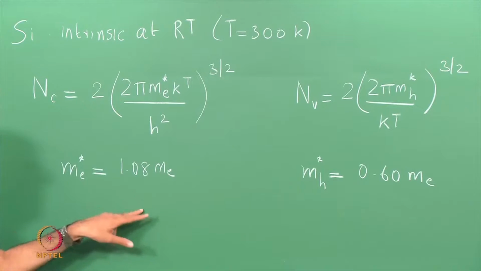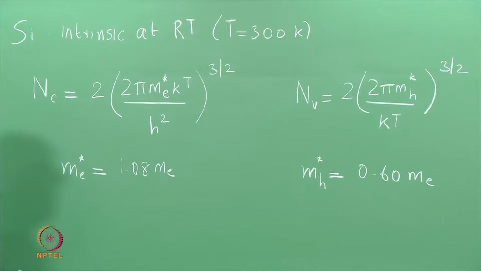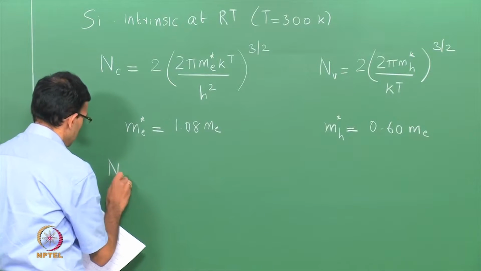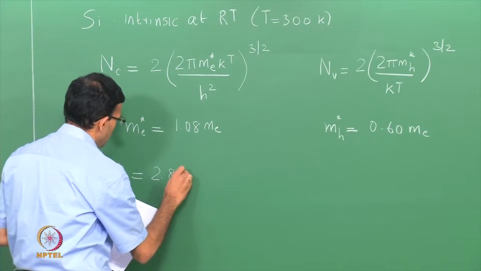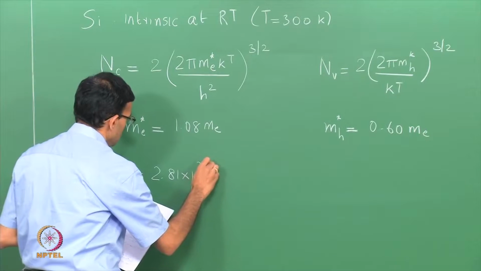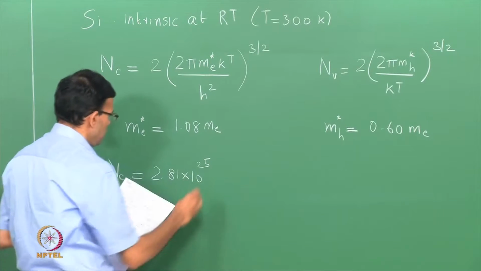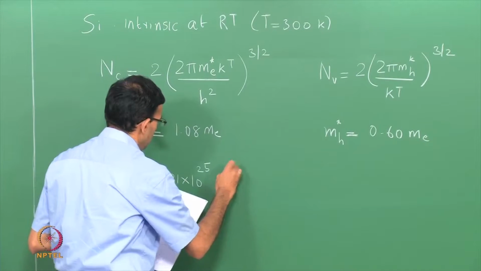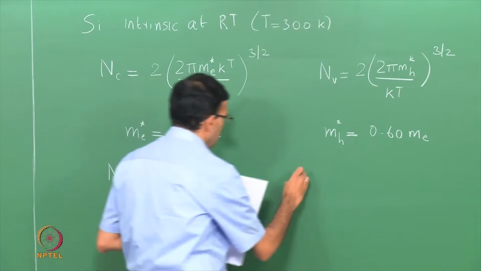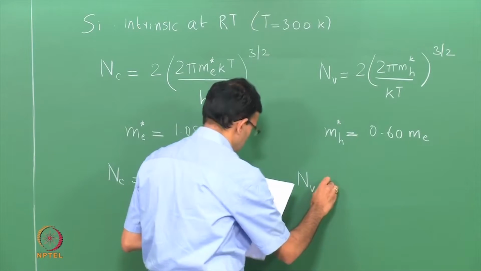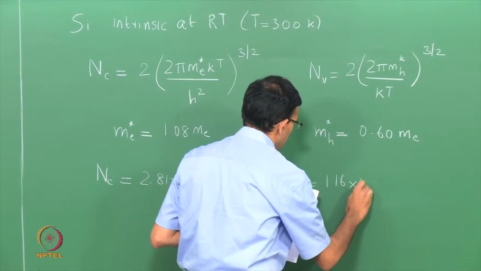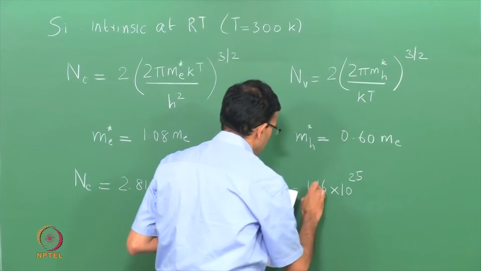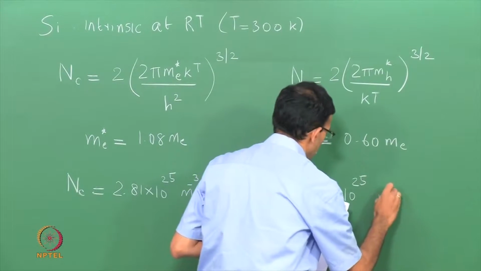If you substitute these numbers and also put in the values of the constants, Nc turns out to be 2.81 times 10 to the 25 per meter cube, and then Nv is 1.16 times 10 to the 25 per meter cube.